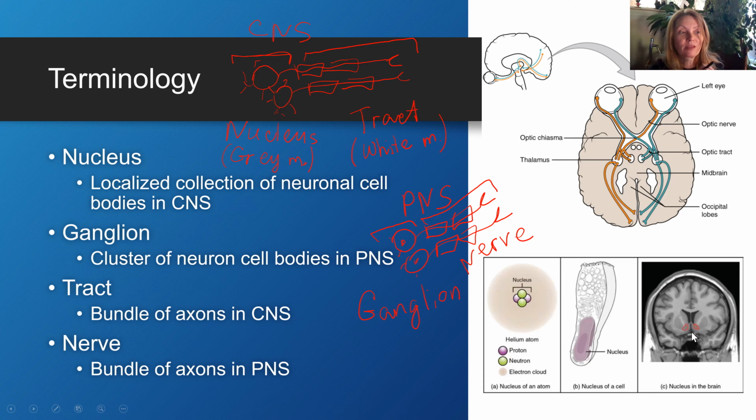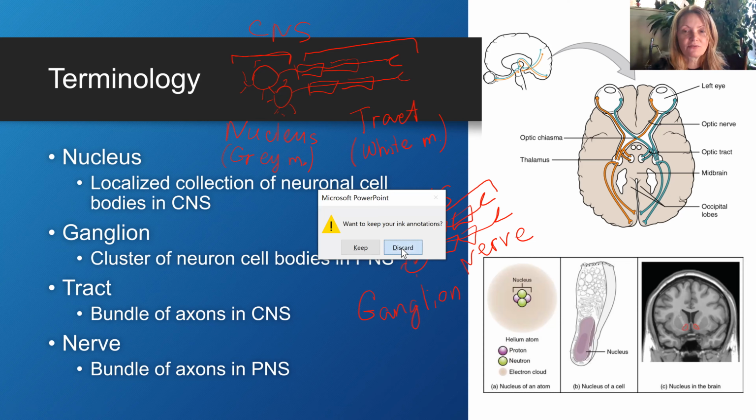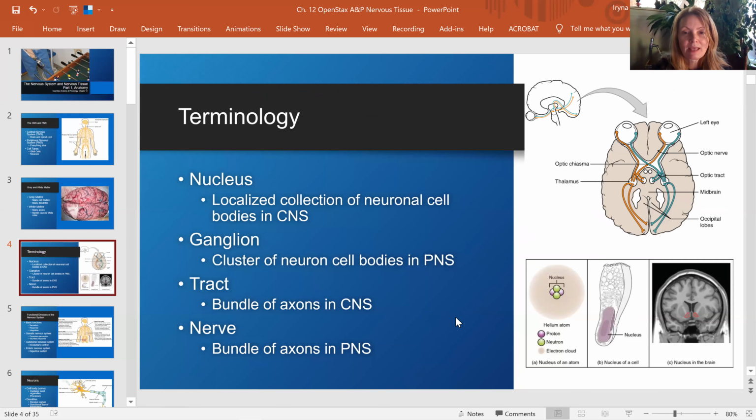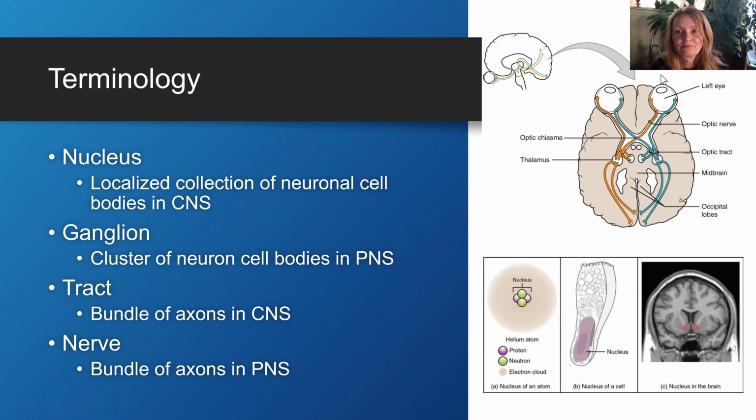A nucleus in the nervous system, in the CNS, is a macrostructure, something you can even see with your naked eye, and it has lots of cell bodies of multiple neurons. Okay, so let me get rid of all this writing.